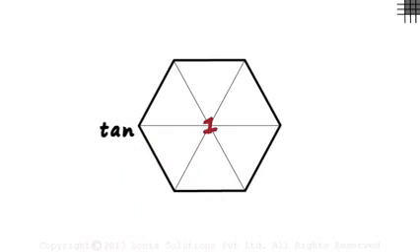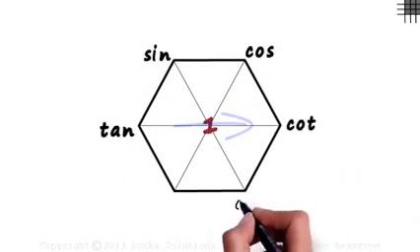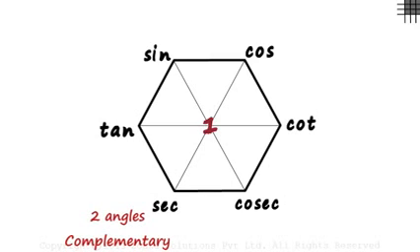Tan is equal to sine by cos, cot opposite to tan, cosec here as all c's are on the right hand side, and the remaining function sec here. Do you remember complementary angles? Yes, 2 angles are complementary if their sum equals 90 degrees.